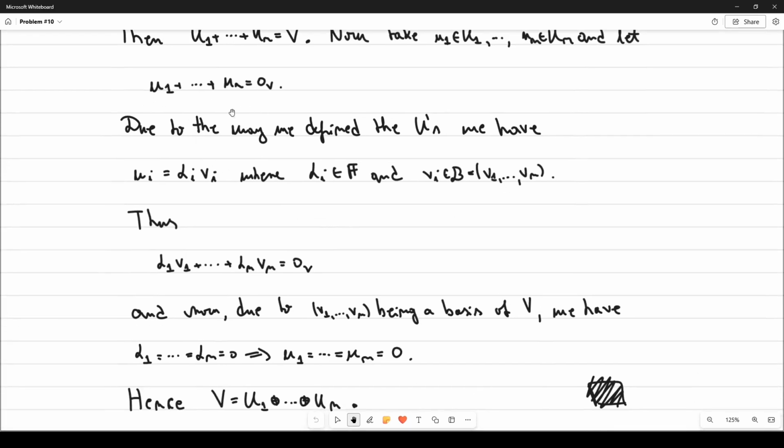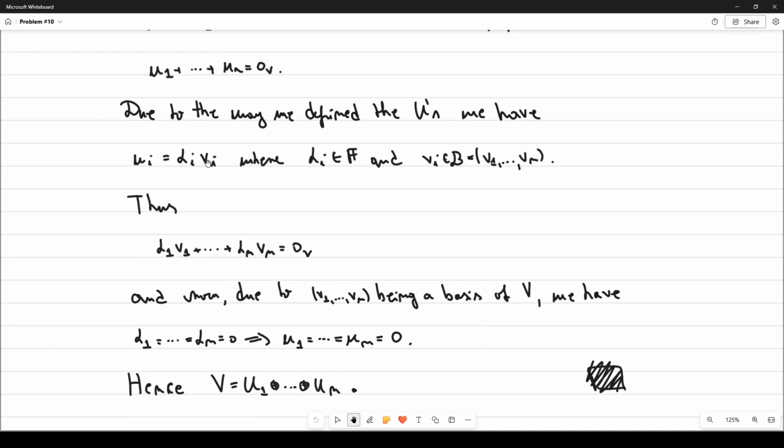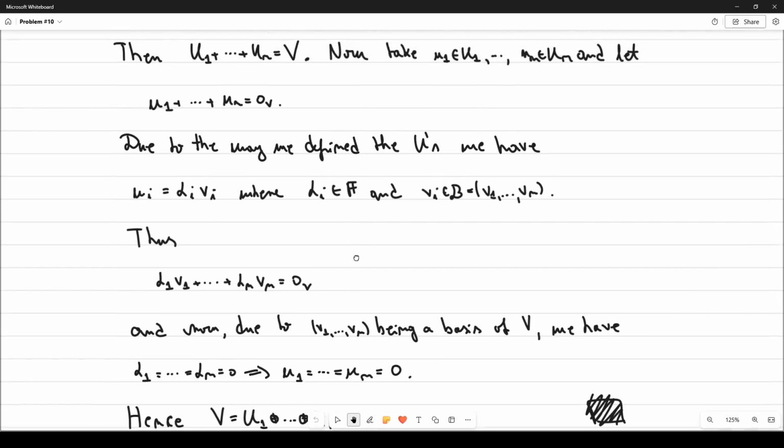So when we use that fact, we get that this sum is equal to this. And now, due to B being a basis, all of these vectors are linearly independent. So it follows that the scalars alpha 1 all the way to alpha n all have to be equal to 0. And when we plug them back into here, we get that u1 is equal to 0, all the way to un is equal to 0.